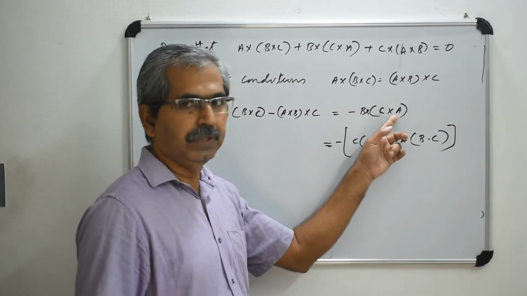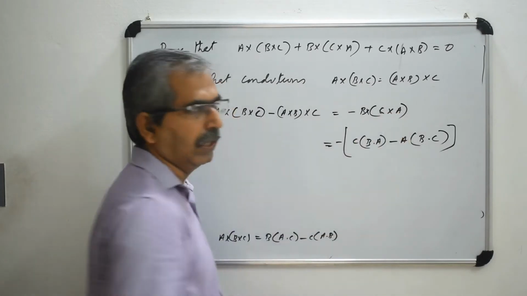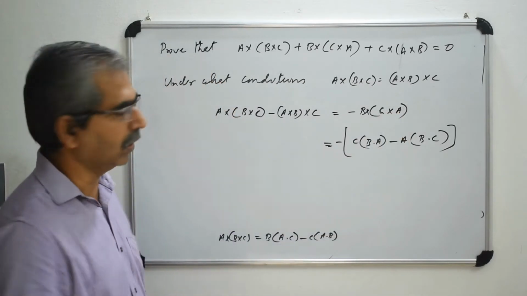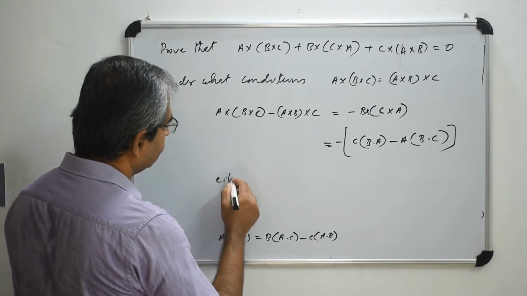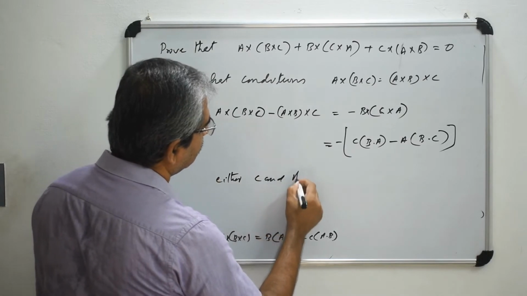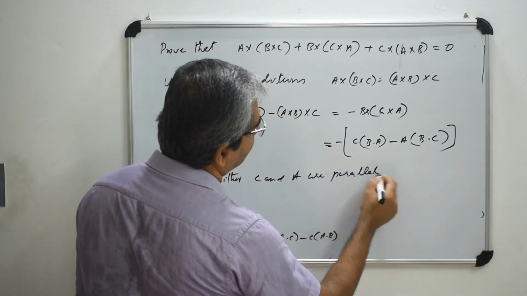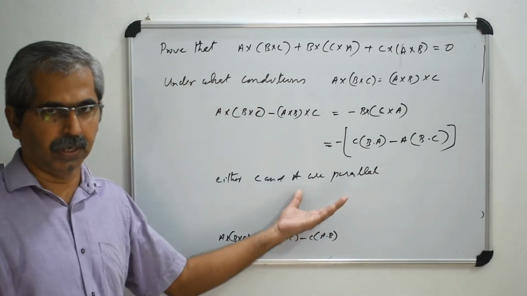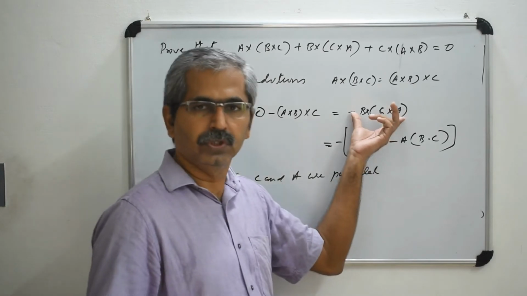So when will this become equal to 0? When C and A are parallel to each other. So the condition is that either C and A are parallel, or you can say anti-parallel. In that condition, this term will be equal to 0.